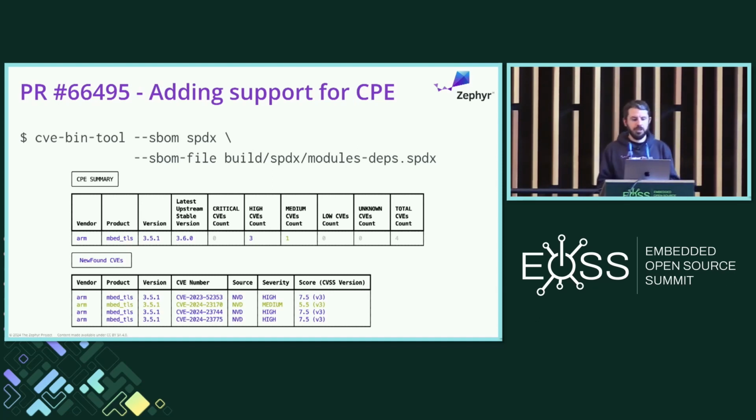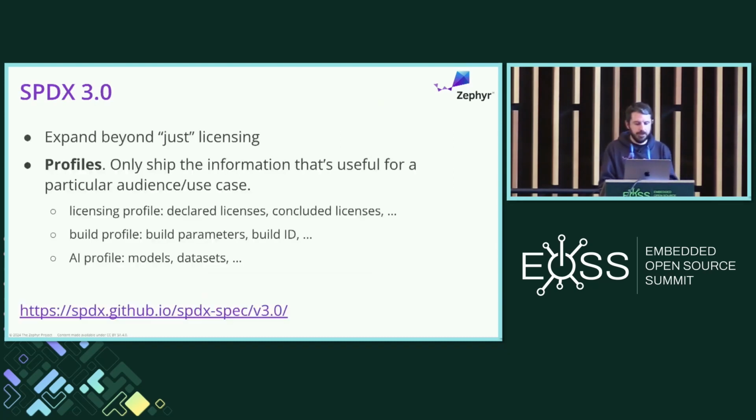Are there any vulnerabilities in my code? Yep, you're shipping Mbed TLS 3.5.1. There are three vulnerabilities. Some of them seem to actually be reasonably critical. So that's where this promise of SBOMs, meant to be the manifest of all the things that end up in your software, starts really showing its value, right?